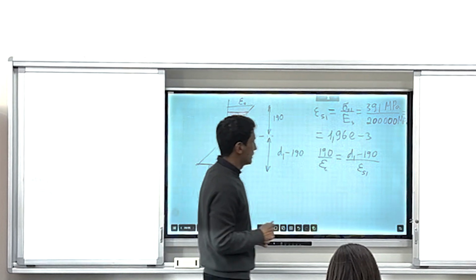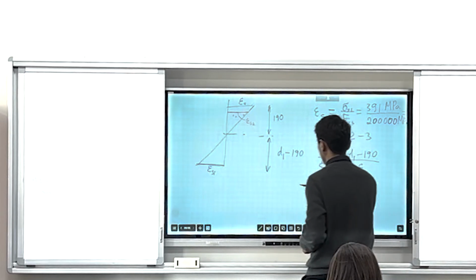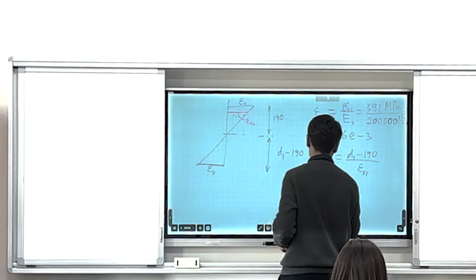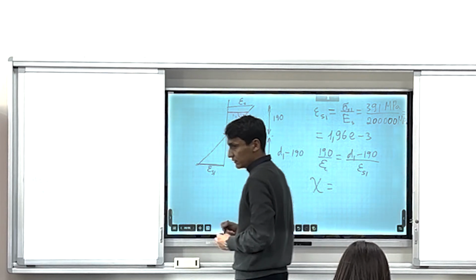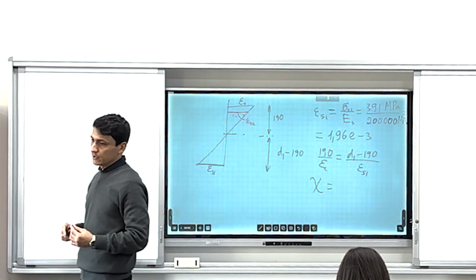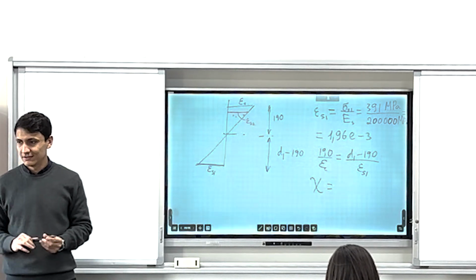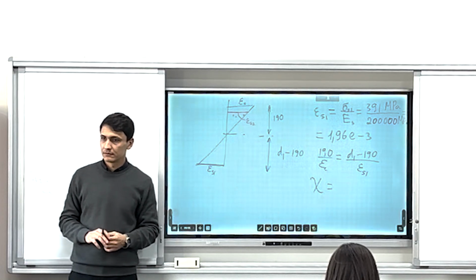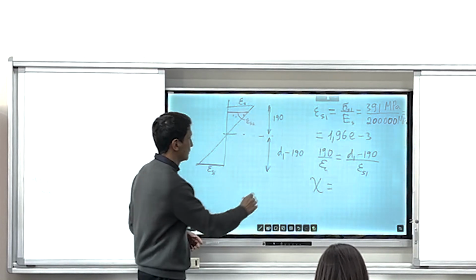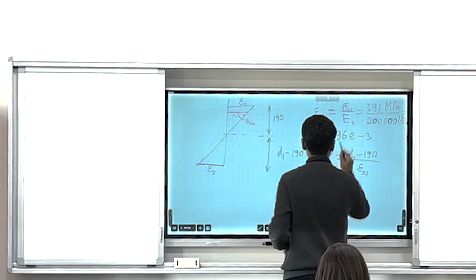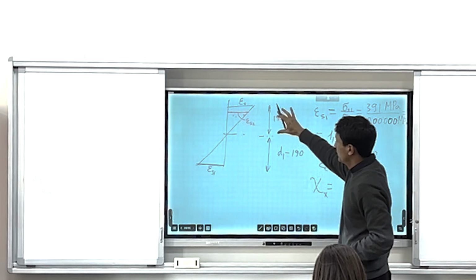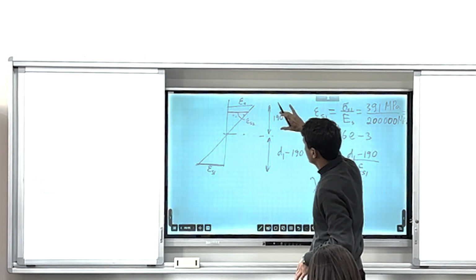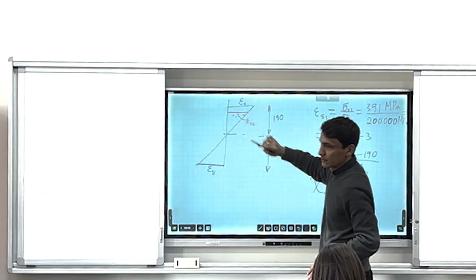Do you know the equation of curvature? Curvature is a slope. The meaning of the curvature is the slope angle. So it means curvature for your section will be equal to 190 divided by epsilon c.